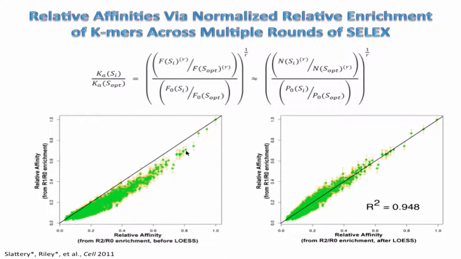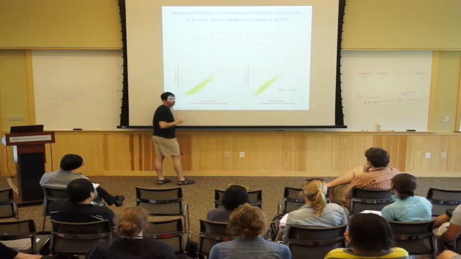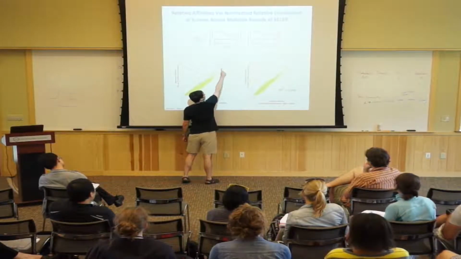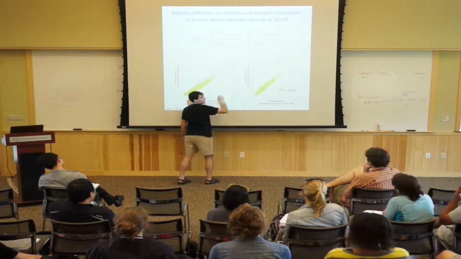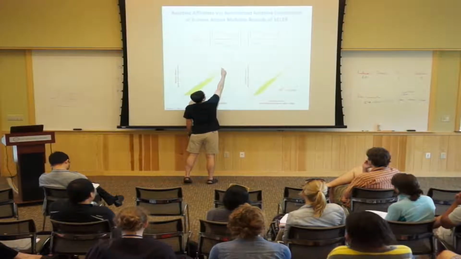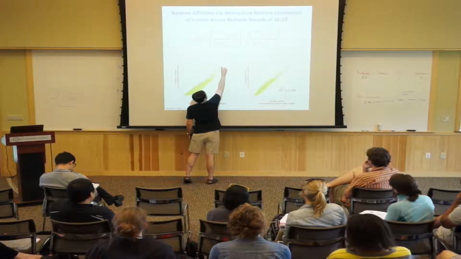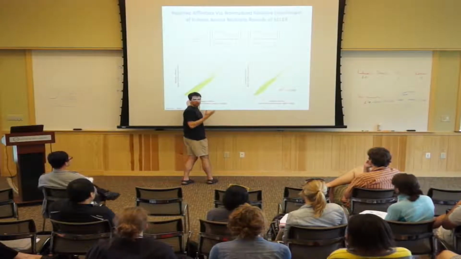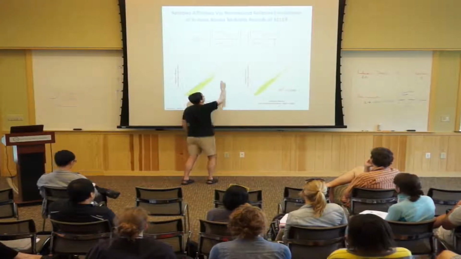So if you were to use just the R1 over R0 affinity estimates, you'd have zero confidence in the ordering of the relative affinities for these points, because all the green points are within the error bars of each other.